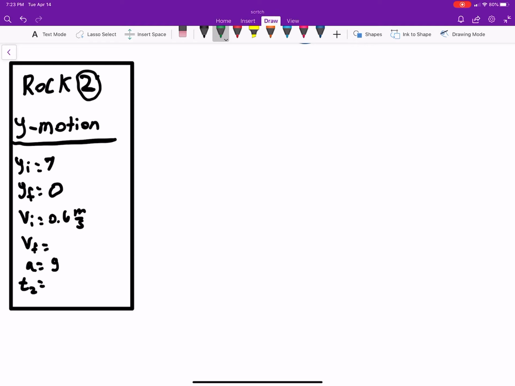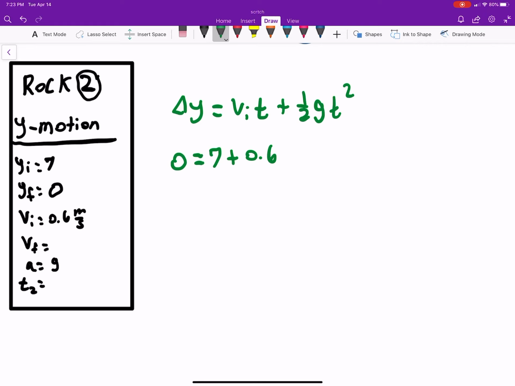Now what we need to do is find the time that it hits the ground. Well, we can use the same equation as before: delta y equals v initial t plus 1/2 g t squared. Or 0 equals y initial, which is 7, plus 0.6 t plus 1/2 g t squared.